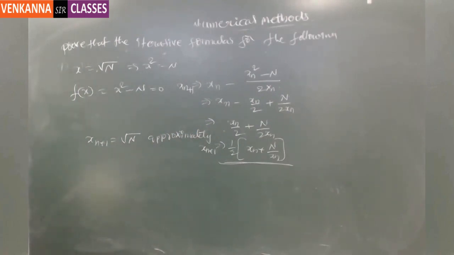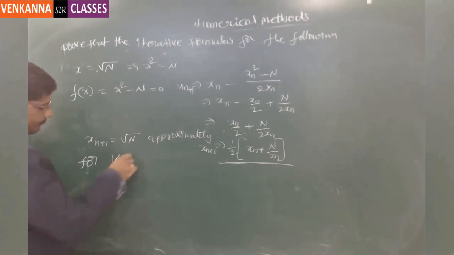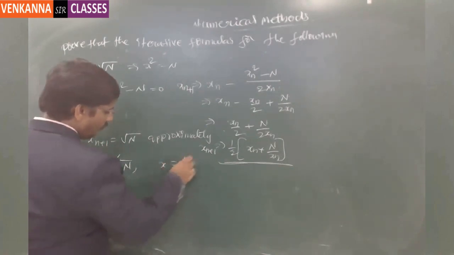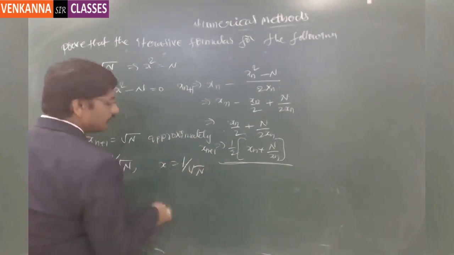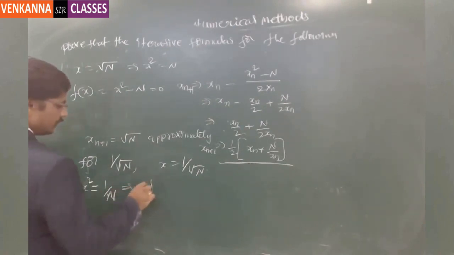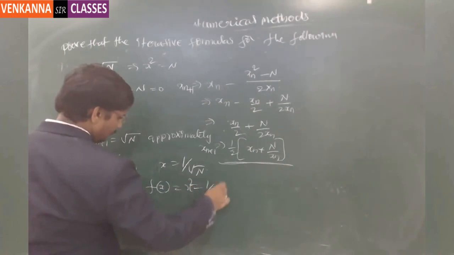Similarly, you can do it even for 1 by root n also. So for 1 by root n also, you can calculate f of x, where x is equal to 1 by root n. Now if you square it on either side, x square equals 1 by n. So it implies f of x equals x square minus 1 by n equals 0.